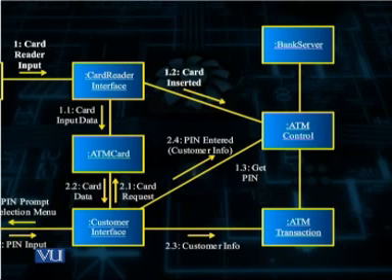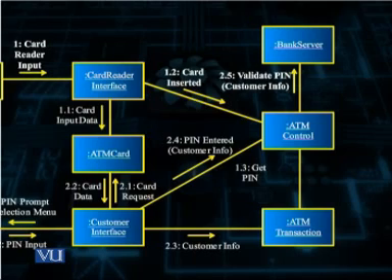Now, when this message is sent, the validate PIN message is then sent to the bank server. The bank server is outside the scope of this particular application, and we consider that once a message has been sent, it will continue to process the request and either approve it or not approve it.